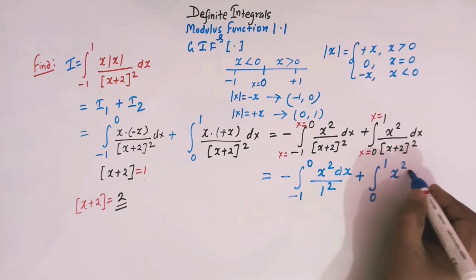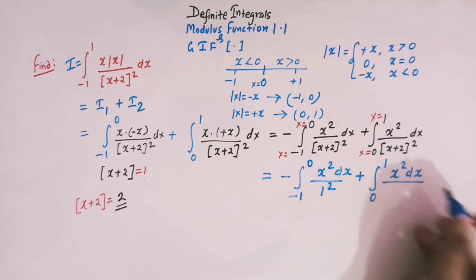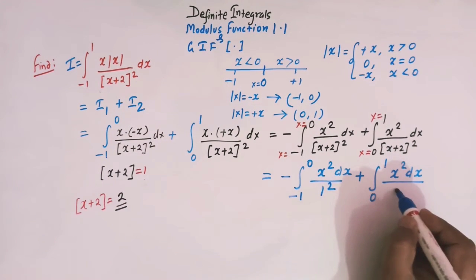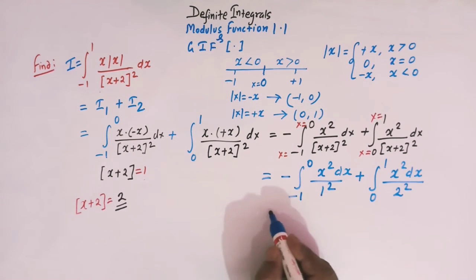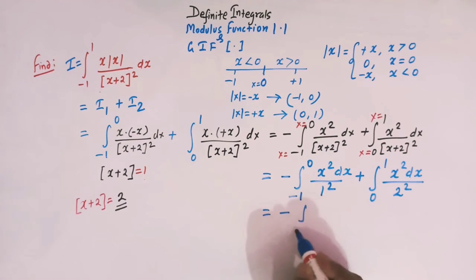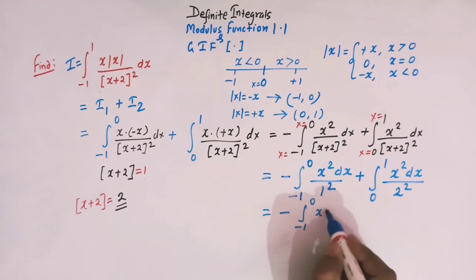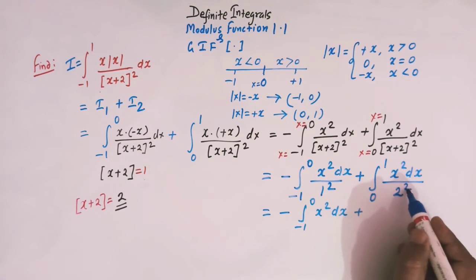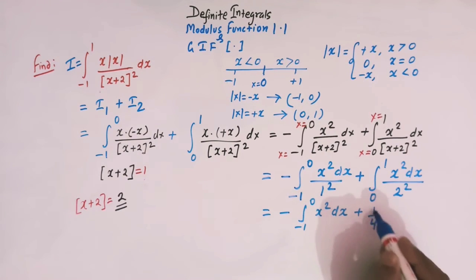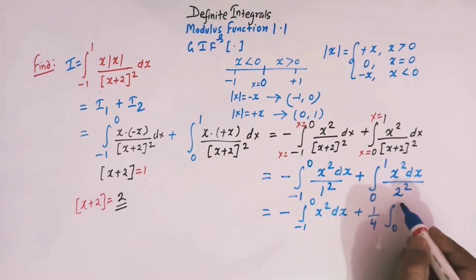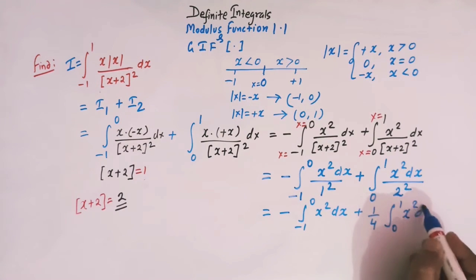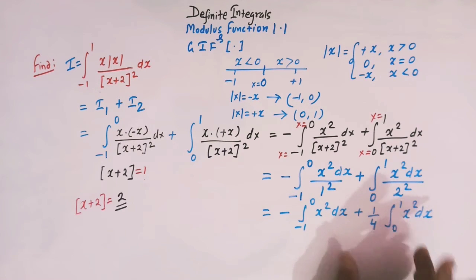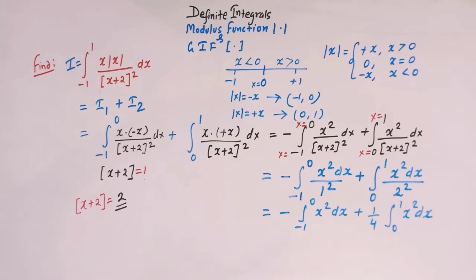Here we have x square dx, and here greatest integer of x plus 2 is 2, so this is 2 square. So this is minus integral from -1 to 0 of x square dx, and here we have 4, taking 4 outside, 1 over 4, and we have integral from 0 to 1 of x square dx, right?